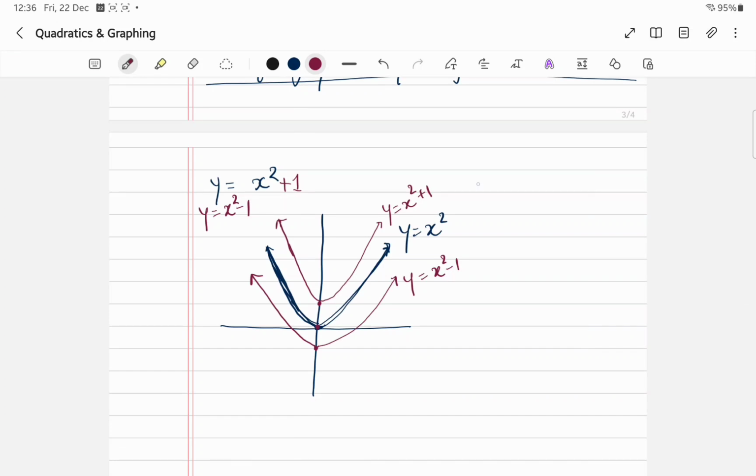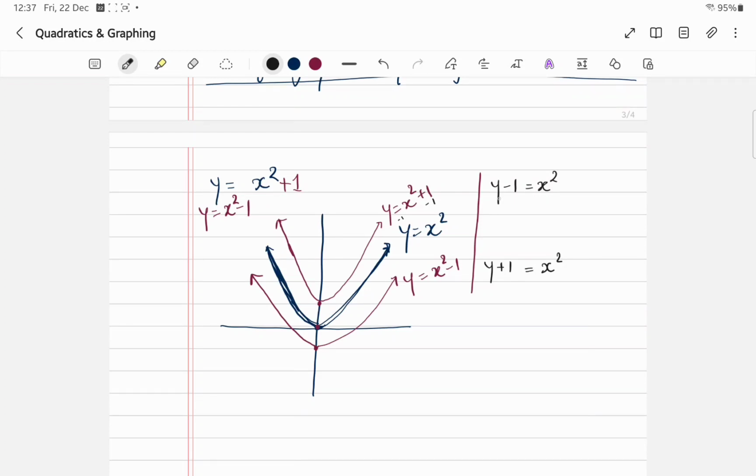Now if I write these values in a slightly different way, if I subtract 1 on both sides, I write y minus 1 equals x squared, and here it's going to be adding 1 on both sides, y plus 1 equals x squared. This makes more sense because the changes are happening on the y-axis.